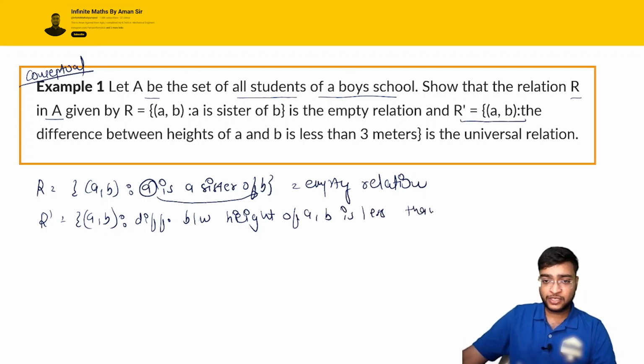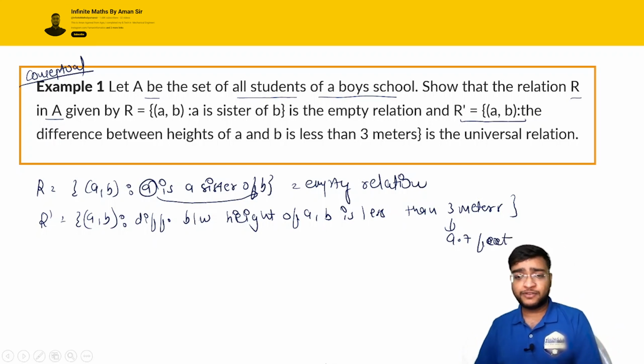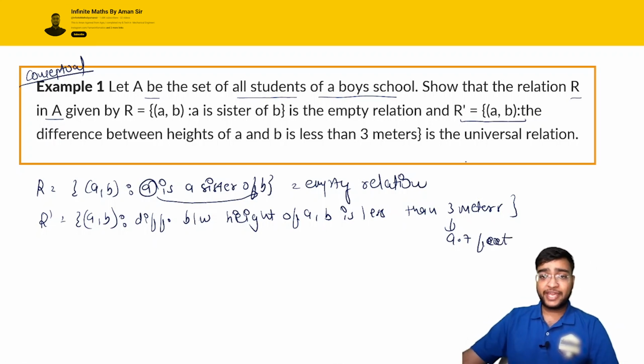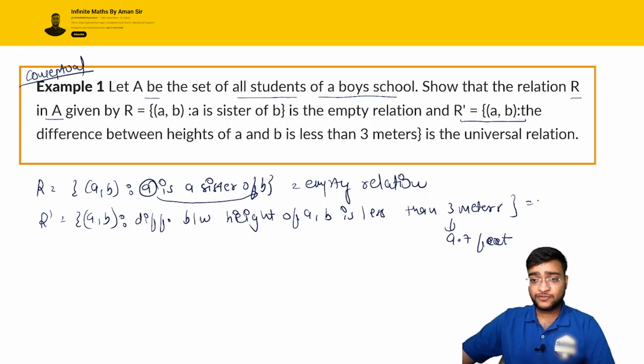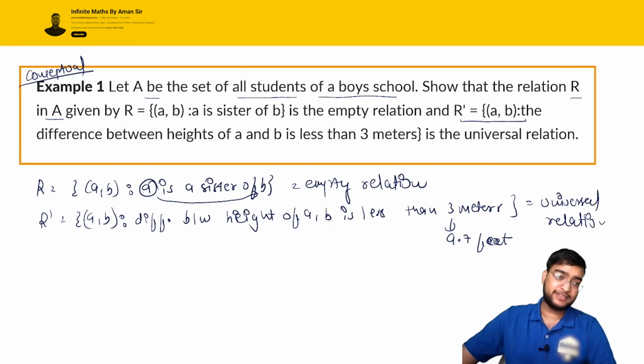For your sake, 3 meters is about 9.7 feet. So this is the universal relation. This comes under the universal relation. How? I'm just using logic here, and that is my answer.